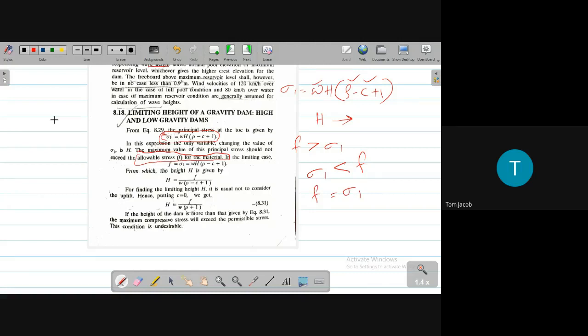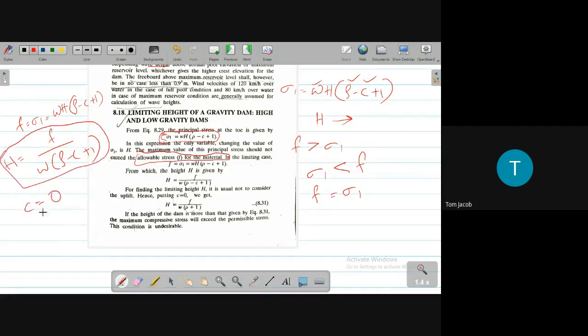So F is equal to sigma 1 is equal to WH into rho minus C plus 1. Okay. So we have from this, capital H, that is height of the dam, limiting height is equal to F by W into rho minus C plus 1. Okay. So this is the equation for limiting height of the dam, F by W into rho minus C plus 1. And when uplift equal to 0, we have H is equal to F by W into rho plus 1.